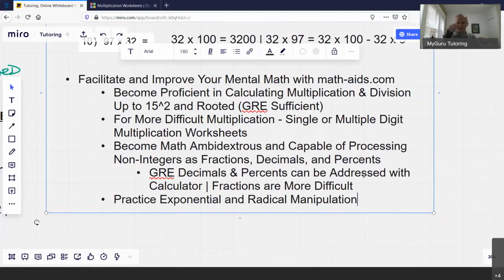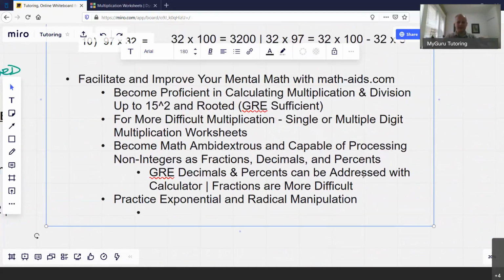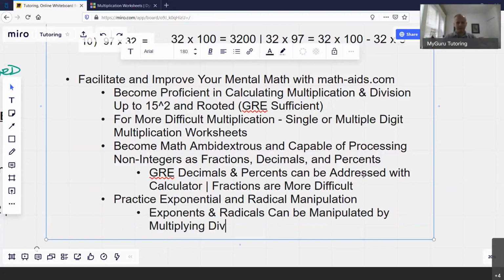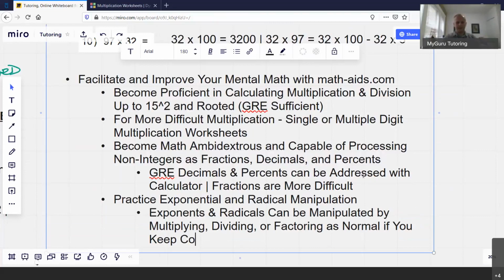Because here, you basically have to recognize that exponents and radicals can be manipulated by multiplying, dividing, or factoring as normal if you keep the common exponent or radical sign.